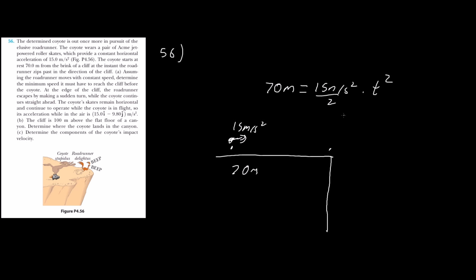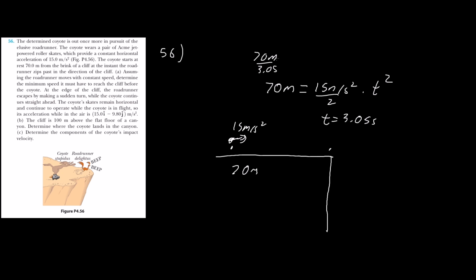So t is the square root of 70 times 2 divided by 15. That t is going to be 3.05 seconds. It doesn't really matter. So I'm going to store that in my calculator. I'm going to take 70 meters divided by 3.05 seconds. I usually store everything in my calculator.